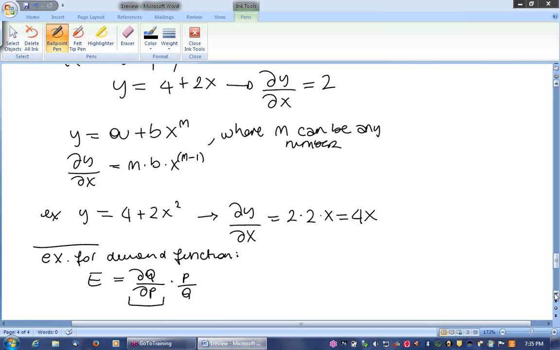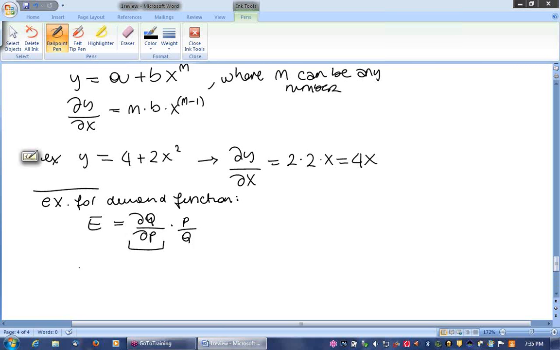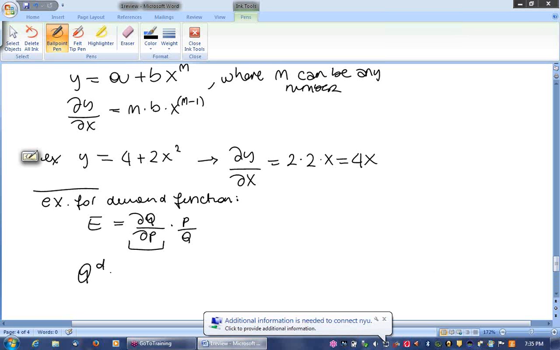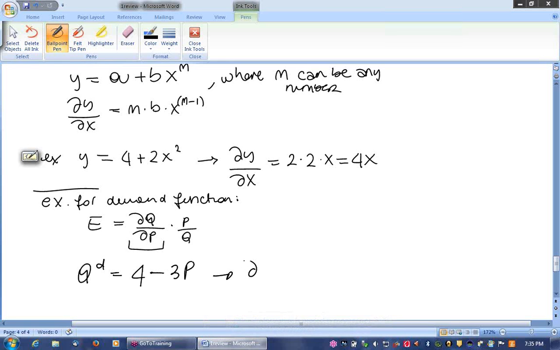To find it, if we have a demand function given by QD equal to 4 minus 3 times the price, if we want the derivative of the quantity with respect to price, this is equal to minus 3. Okay? Is this clear? So this is really all you need to know on derivatives. If you have any question, ask me now.